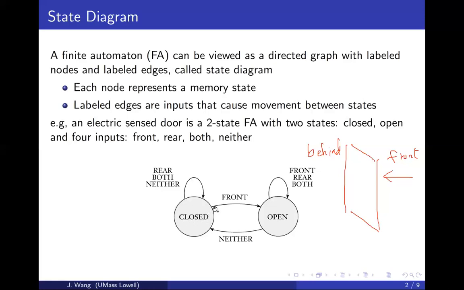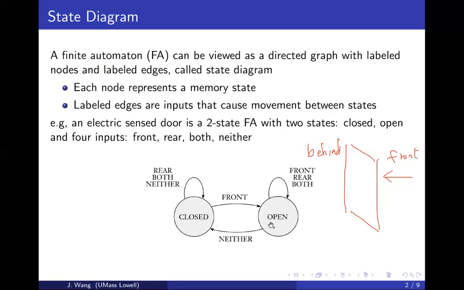Once you have a person in front and no person in the rear, the door will move to this state. Then after the door is open, if there is a person in front coming in, or a person behind, or people on both sides, it should remain open. Otherwise, it closes.